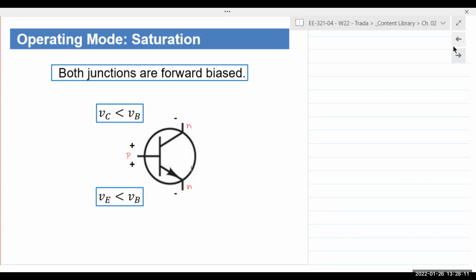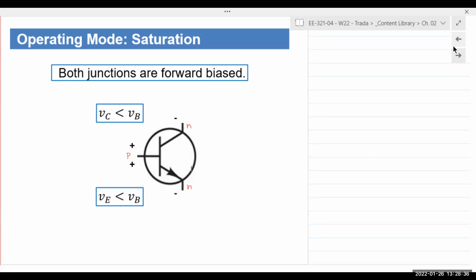So saturation, what happens is both junctions become forward biased, so all the charge carriers are free to move around, and so you get maximum current flow. Immediately, for a small amount of current, all the charge carriers present in the device are able to just cross over the junctions in both directions, and so there's maximum current flow in both directions.